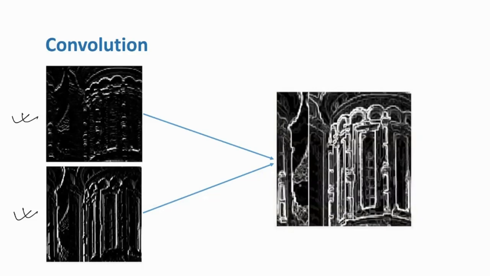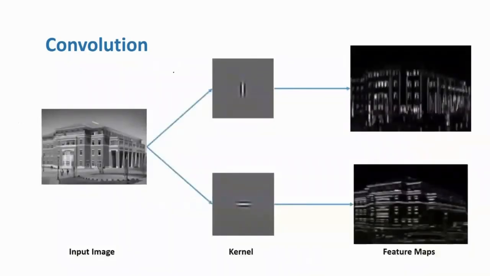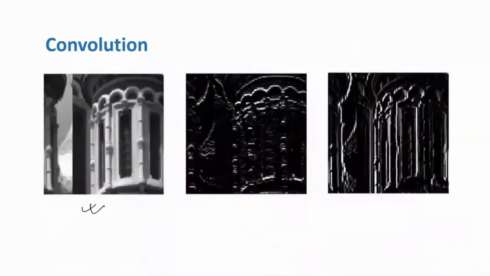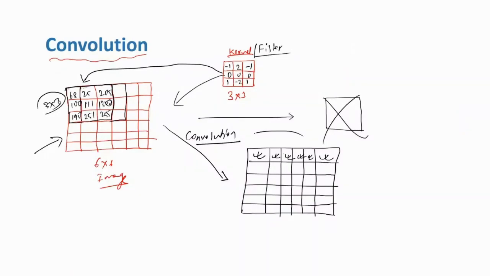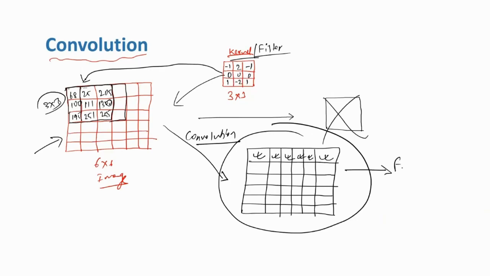This is the hyperparameter, how many kernels you want to select. And the final outcome which we get after convolving the images by this kernel or filter is called a feature map.